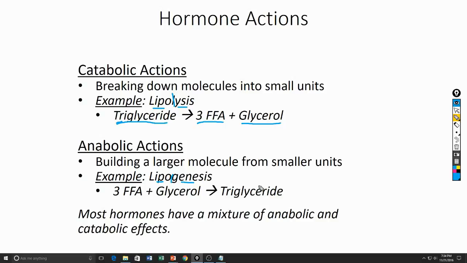So fat creation. Some hormones actually stimulate this as well. You'll take three fatty acids plus a glycerol, and voila, you get a triglyceride. So it's just a reversal of the other one. Now, most hormones, at least the ones that we're going to talk about throughout this unit, are not strictly catabolic or anabolic. They're really a mixture of both. And we'll talk about their various actions as we go along.